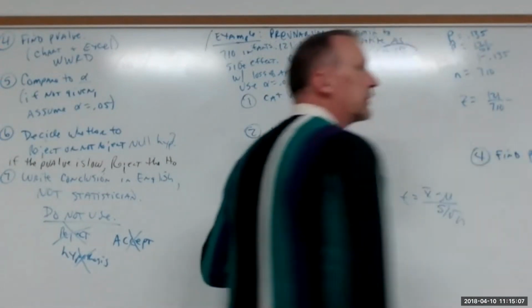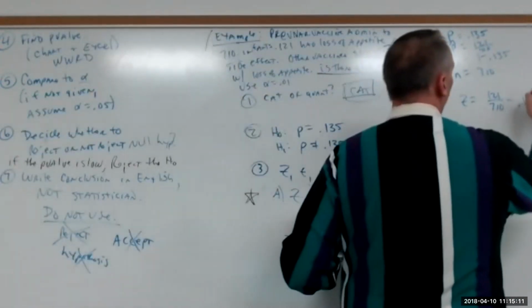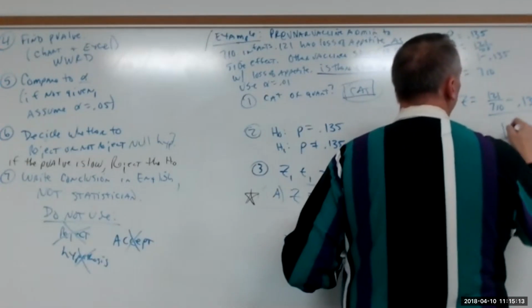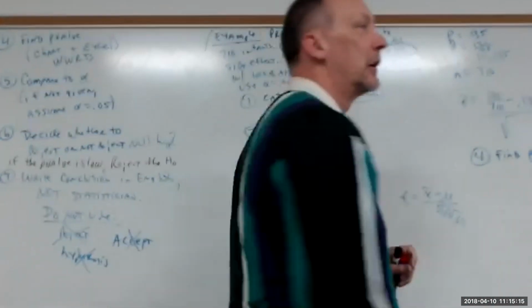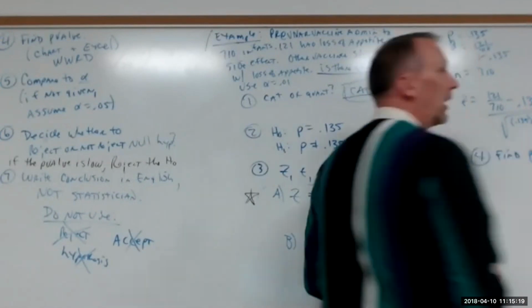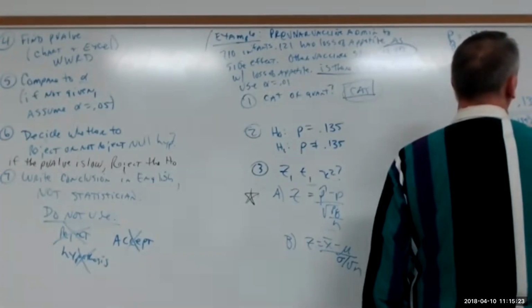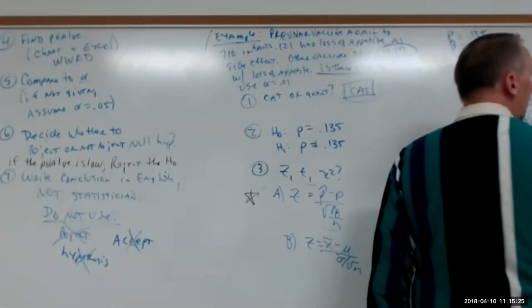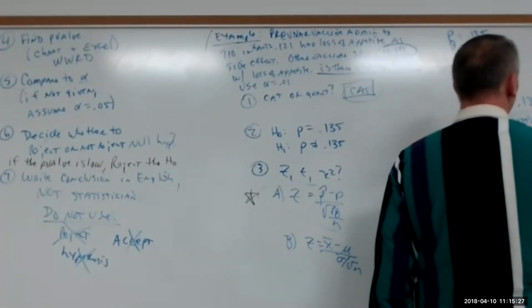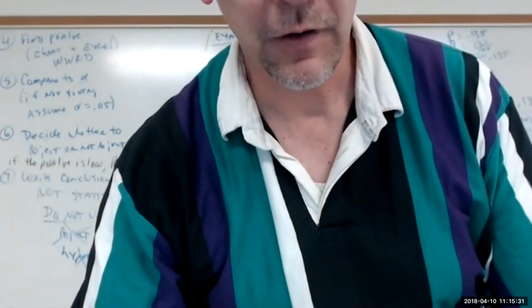Just write it like it is. What's p? 0.135 divided by the square root of 0.135 times 0.865 divided by 710.